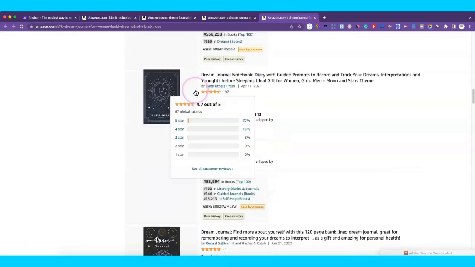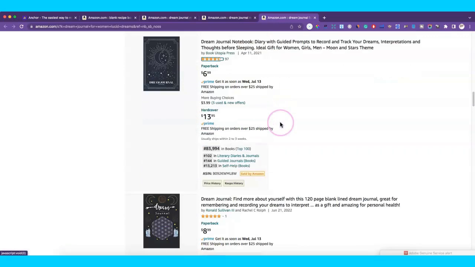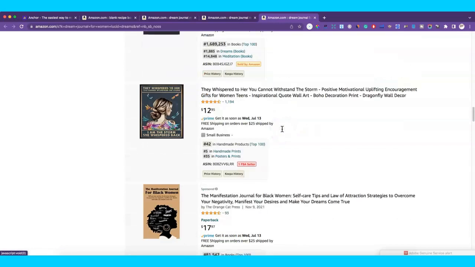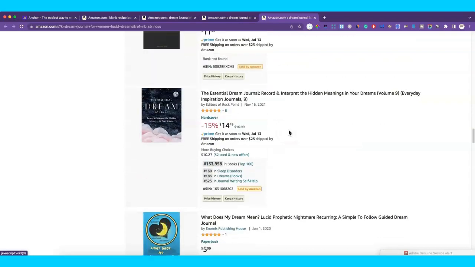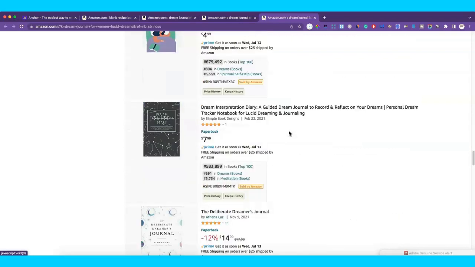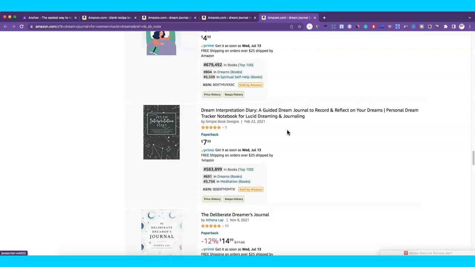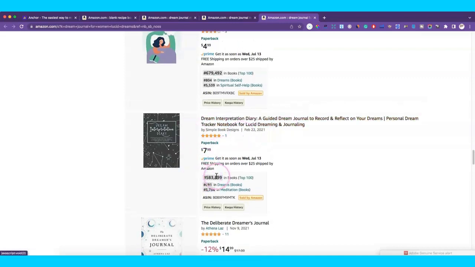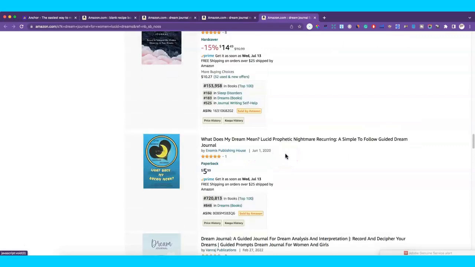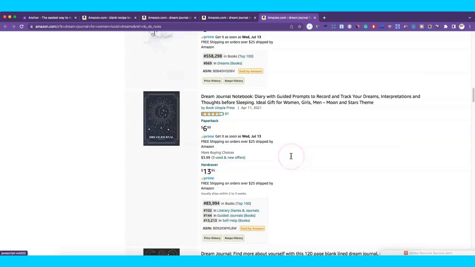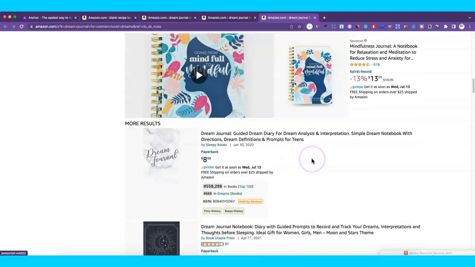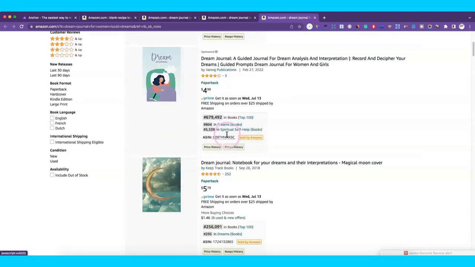And you want to make sure that these books are actually Amazon KDP books, and not books put out by a different publisher, when you're looking at the BSR, just compare it. But yeah, I would definitely consider doing a book like that. Okay. So that is Dream Journal.